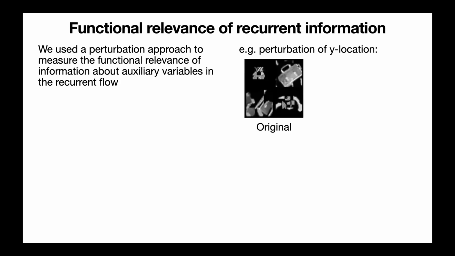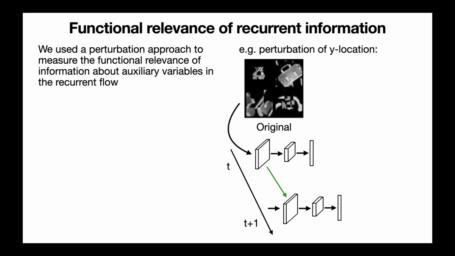So we looked at the functional relevance of recurrent information using a perturbation approach. So what did we do? For example, we take an image and we perturb the y, the vertical location. This is the original image, which gets sent through the network from one layer to the other. It sends the recurrent information forward in time.